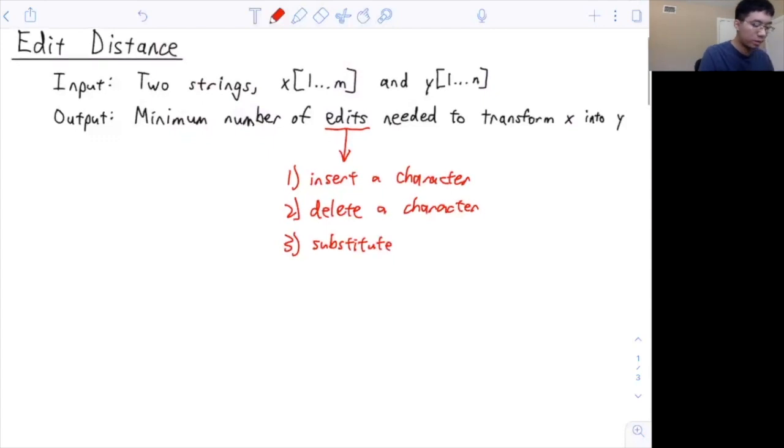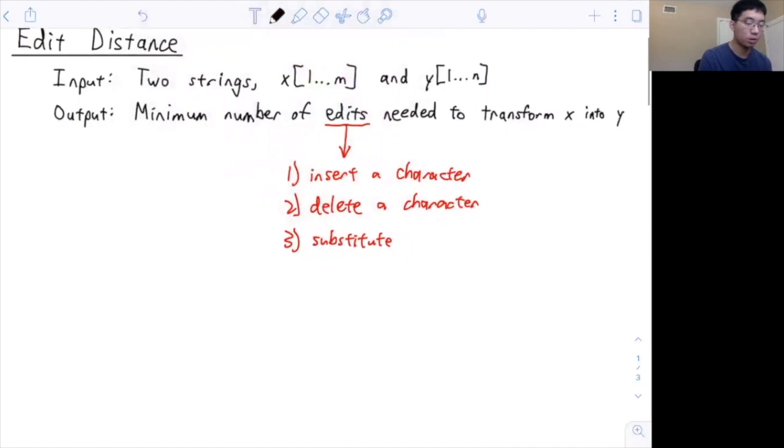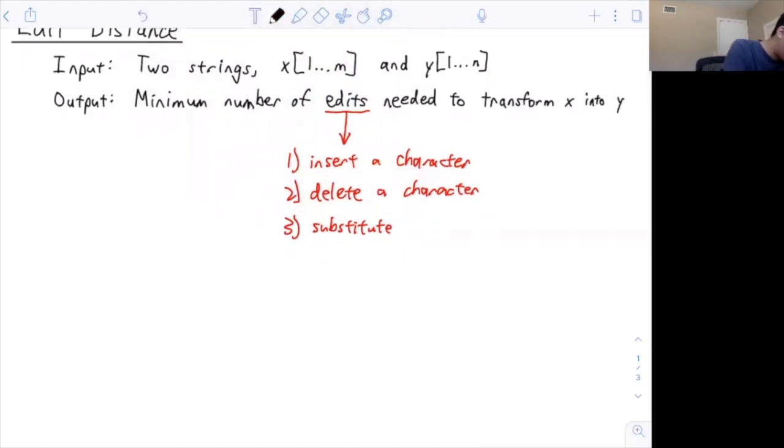Those are the only three operations we're going to use, and we're trying to figure out the minimum number of these operations that we can use to transform x into y. So this gives us some notion of a distance between x and y, or how far apart these strings are.